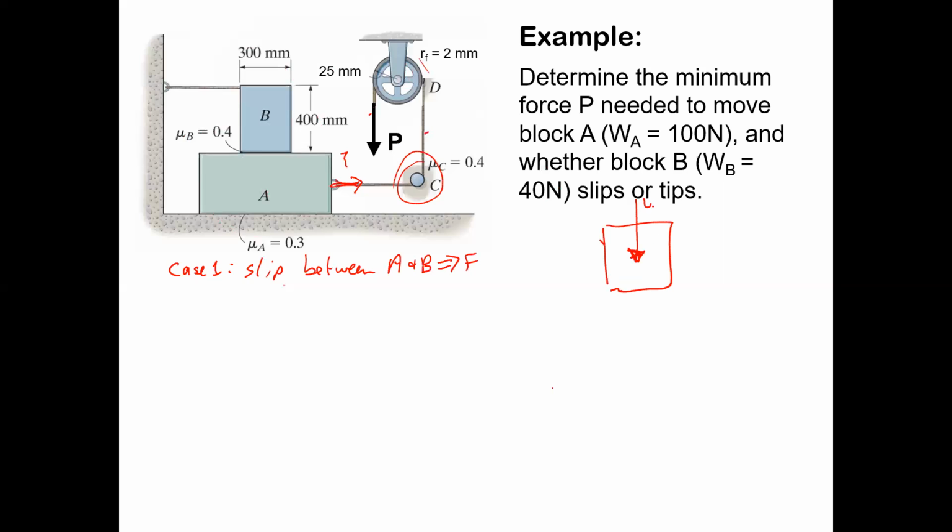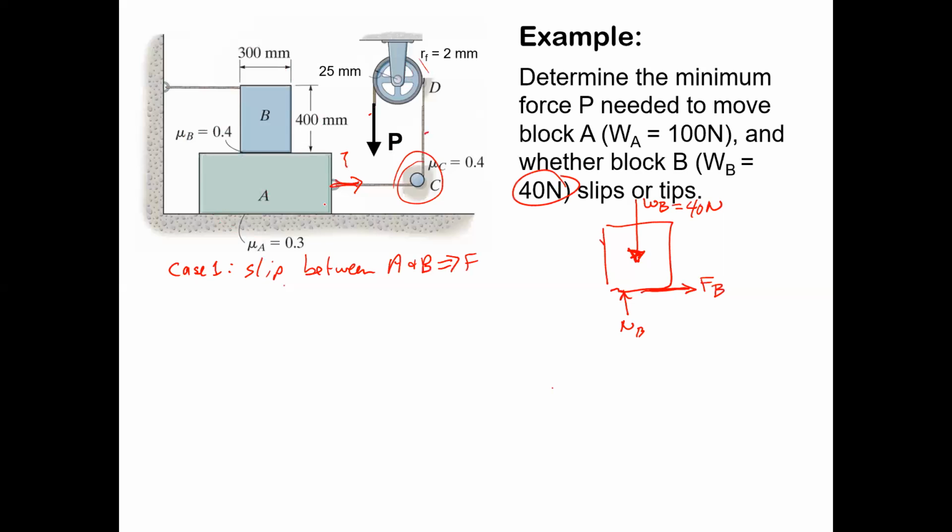So there's a weight on the top box, given as 40 newtons. Okay, there's a normal force at B. You can imagine it's going to be sliding to the left, because the friction force is pulling away.